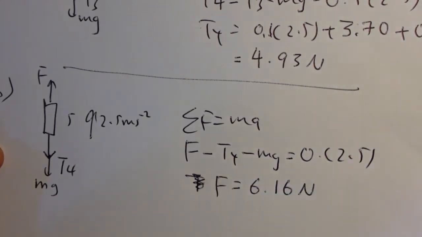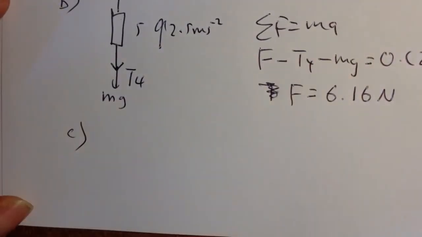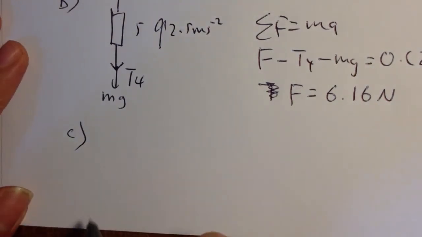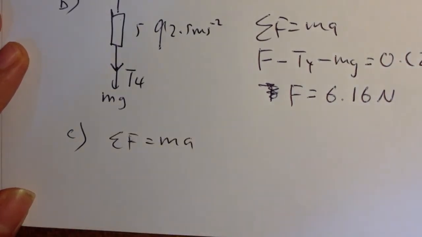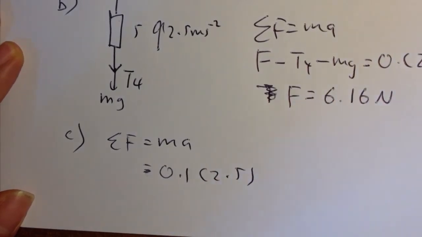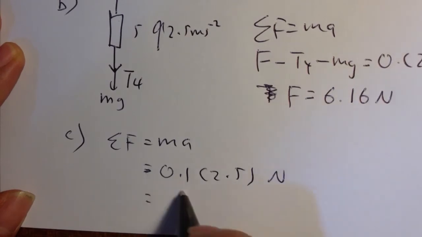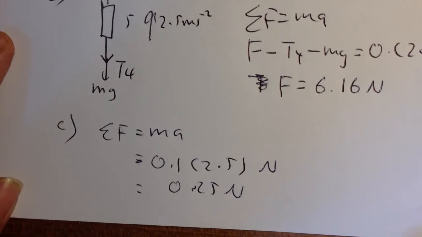6.16 Newton. Okay, now the last part C is simple if you understand. It says the net force acting on each link must be equal to ma, right? Basically that's it. And since every link has the same mass, 0.1, and they have the same acceleration of 2.5, they have the same net force.